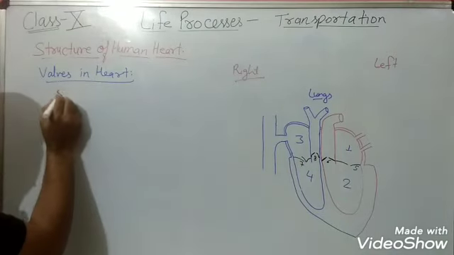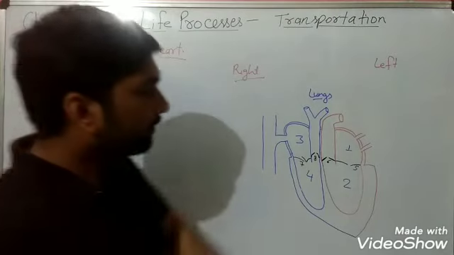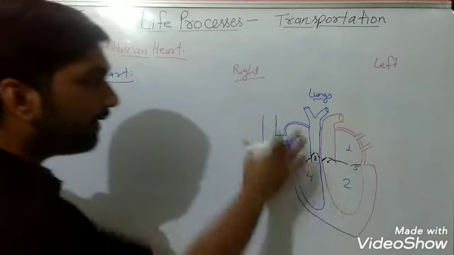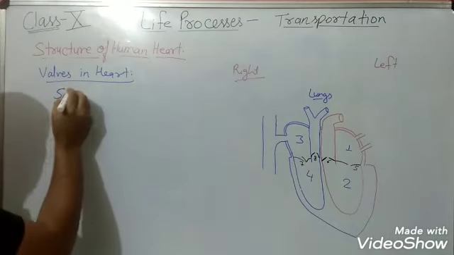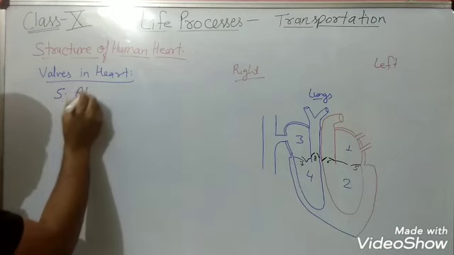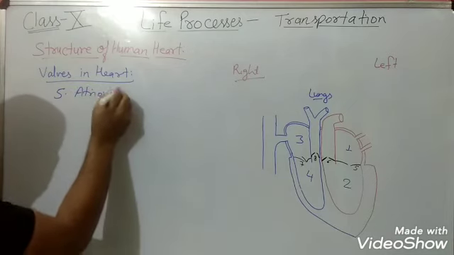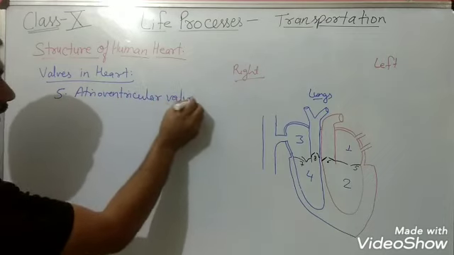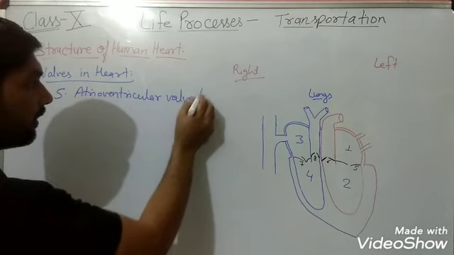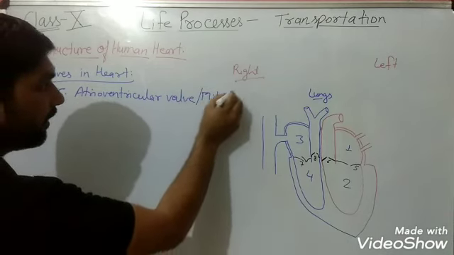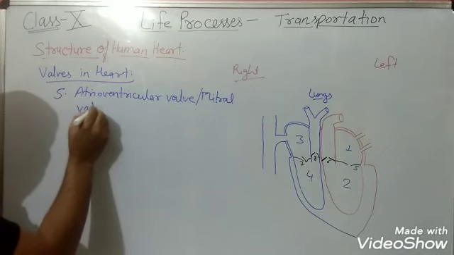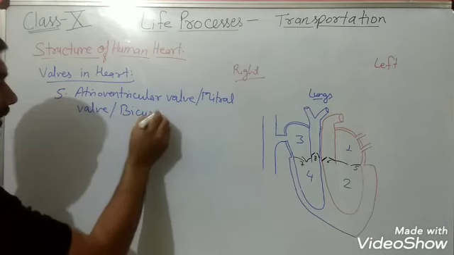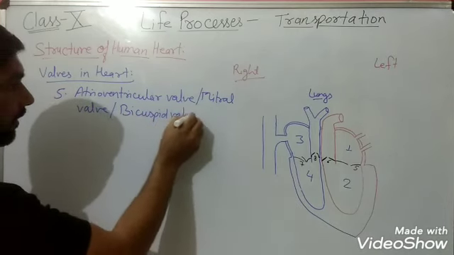So what are these valves? Number 5, if this is the chamber atrium and this chamber is ventricle. So in between the atrium and ventricle, this is known as the atrioventricular valve, or it is also known as mitral valve, or it is also called bicuspid valve.